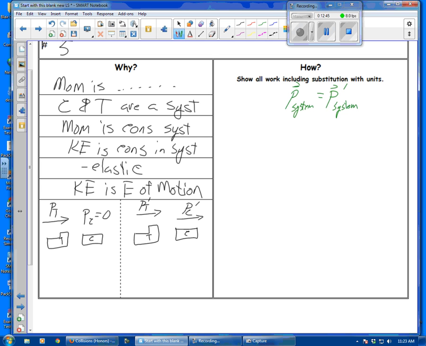So I need 2 terms before and 2 terms after my equal sign. So I have the momentum of the truck before plus the momentum of the car before equals the momentum of the truck afterwards plus the momentum of the car afterwards, designating the after by the tick marks, by the prime indication.